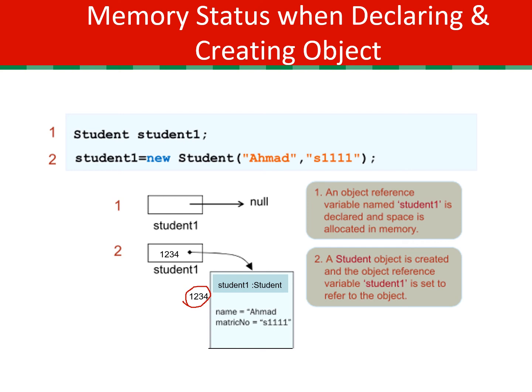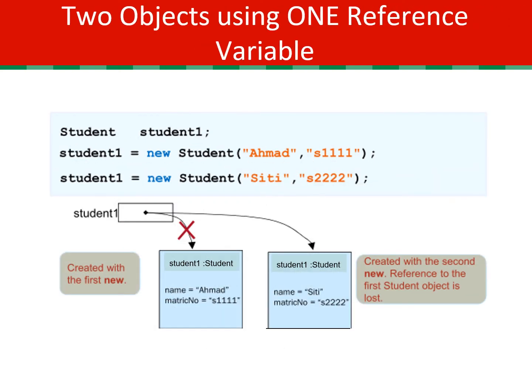For example, you have student 1 of type student, and then you create student 1 equal new Student Ahmad S111. So for the first time, this is created. And then in the third line, you do student 1 equal to new Student city.